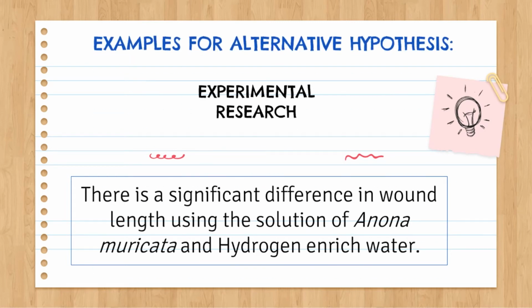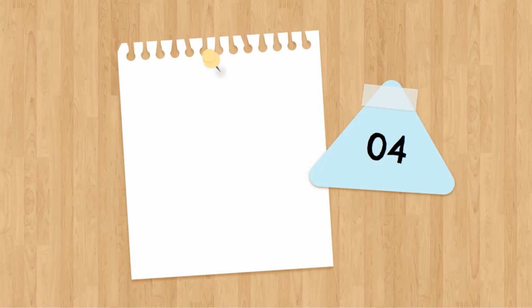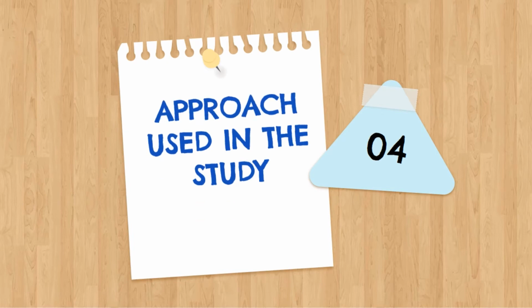I hope you already know the difference between null hypothesis and alternative hypothesis. Again, a research can be conducted without any hypothesis. However, you can also construct as many hypotheses as long as it is parallel and appropriate to your study. At this point, let's discuss the last one, which is the approach used in this study.